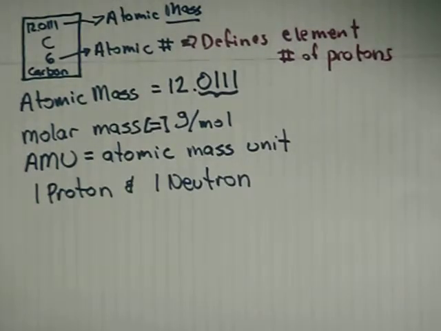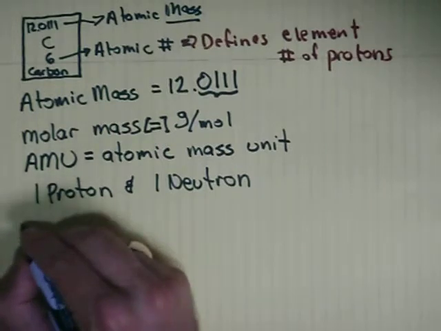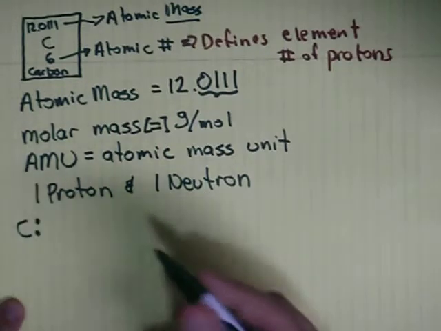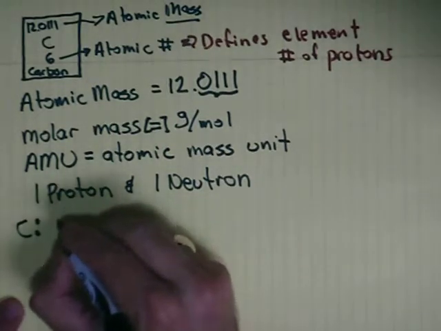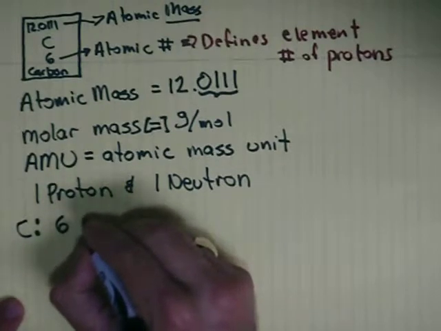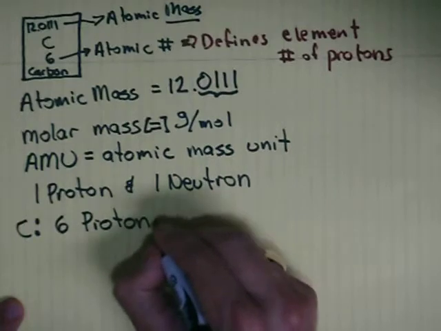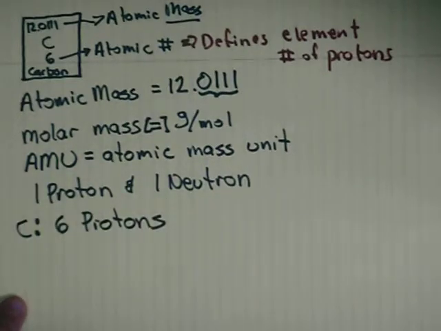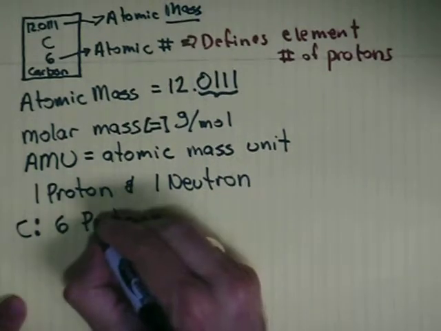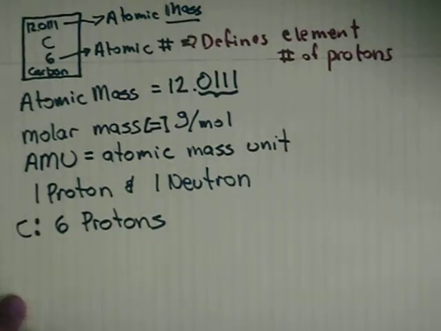So carbon will always have 6 protons. So it then just becomes a question of how many neutrons are there in the nucleus of carbon?